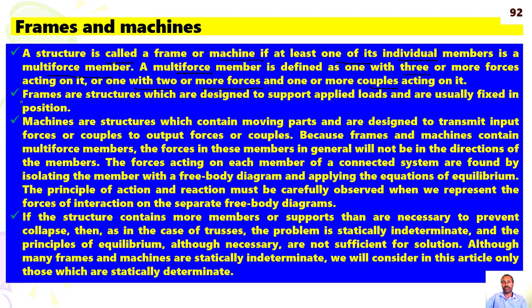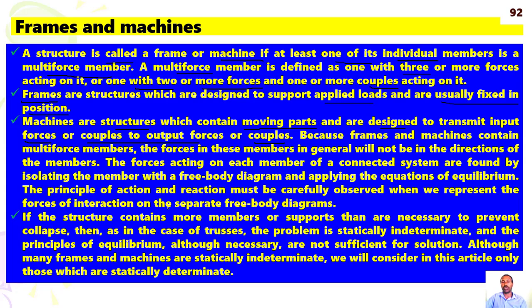So what are frames? Frames are structures which are designed to support applied loads, and are usually fixed in position. Machines are structures which contain moving parts, mechanical moving parts, and are designed to transmit input forces or couples to output forces or couples.